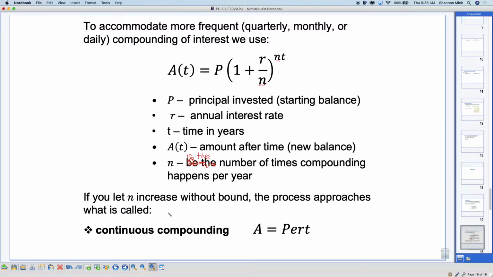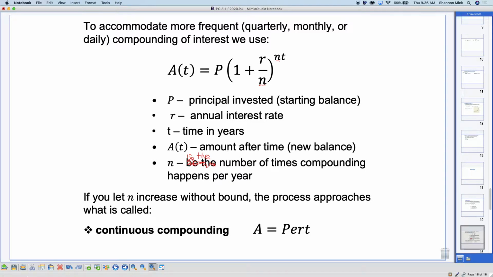If you let n increase without bound, so if n becomes continuous, like on top of each other, in banking, continuous is 365 every day. In banking, continuous is every day. But this growth formula is also used in chemistry and other fields. So compounding continuously has different restrictions, different concepts.